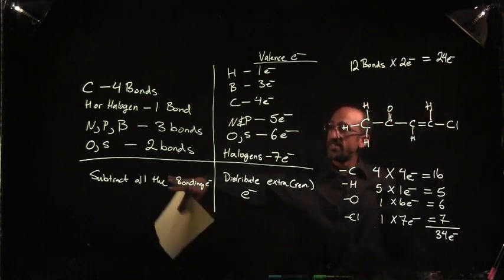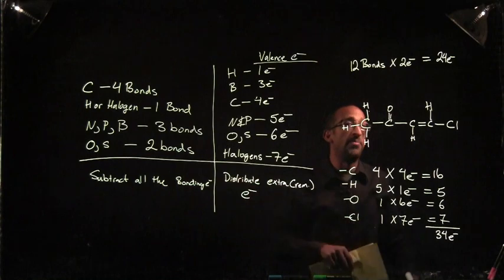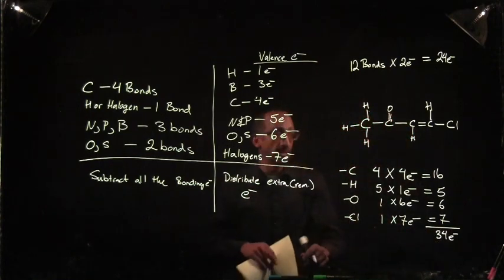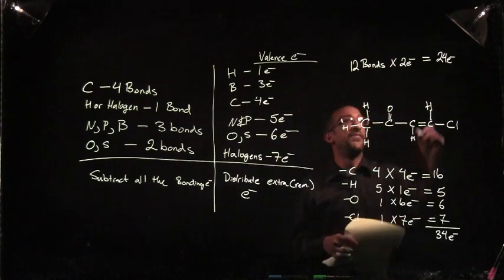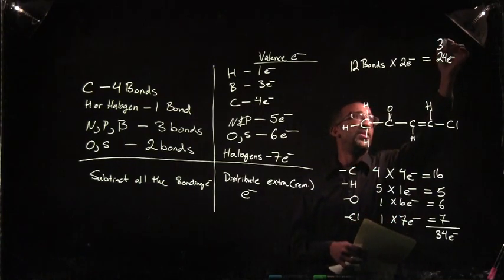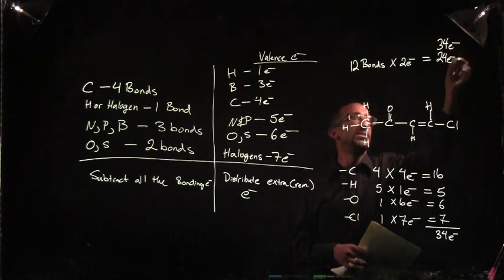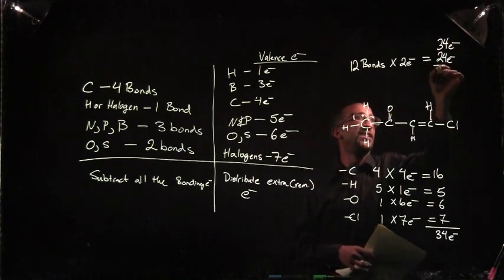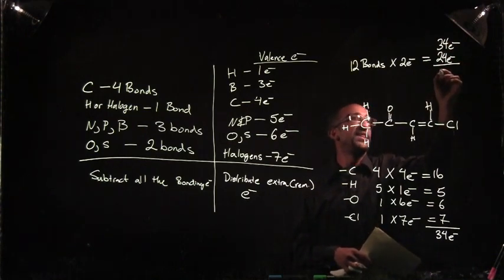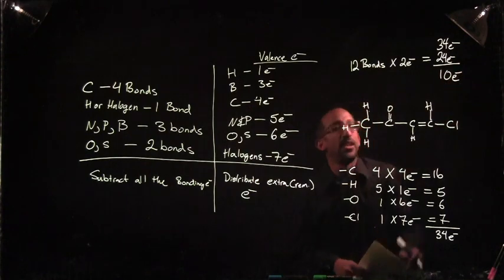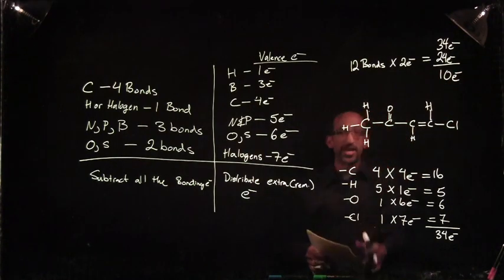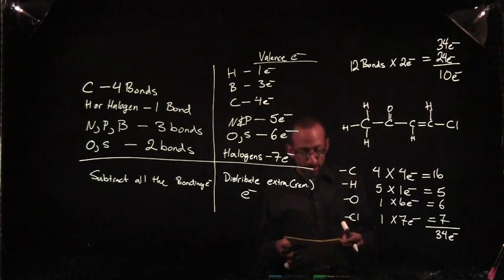Now we do this step, which is subtract all of our bonding electrons. So we have 34 valence electrons total. 24 valence electrons are used for bonding. That means we have 10 electrons that we still need to account for in our structure.